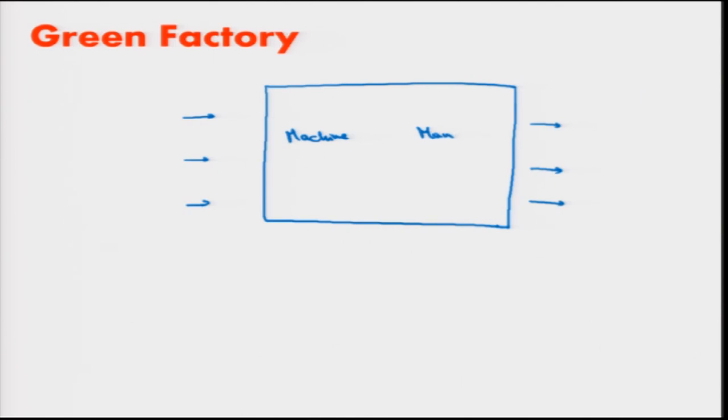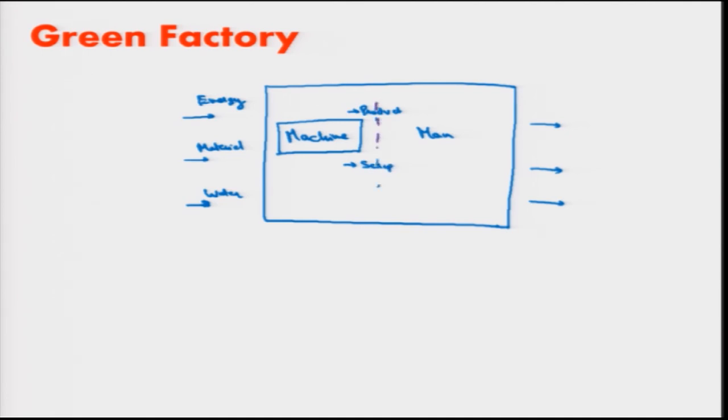Here we have energy, that is one of the inputs, then material, then I will put maybe water, then this machine does some processing and produces product, and scrap.